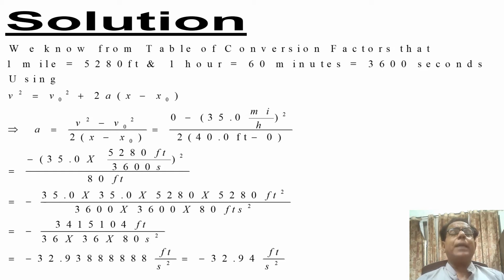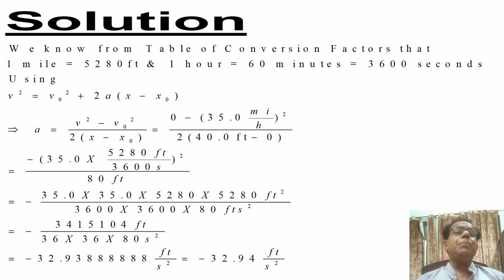Similarly, x minus x naught may sometimes be written as x2 minus x1. Anyhow, in the last slide of this module we will discuss this equation and similar other equations.